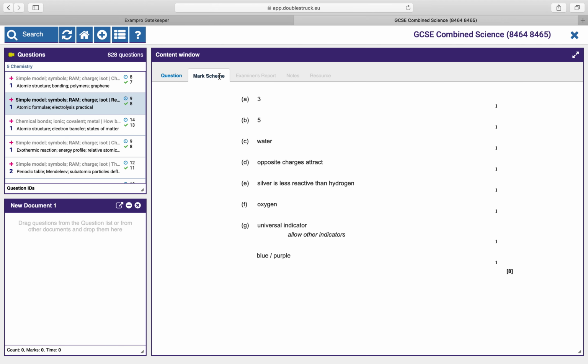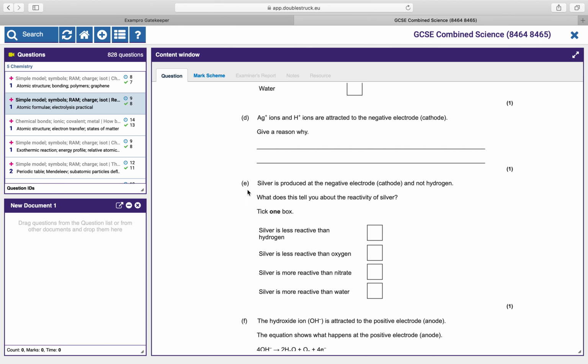Let's double check that one. Yeah. Now this one is something you're going to have to think about in a little more detail. And that's all to do with looking at the reactivity series there. There's a general rule.